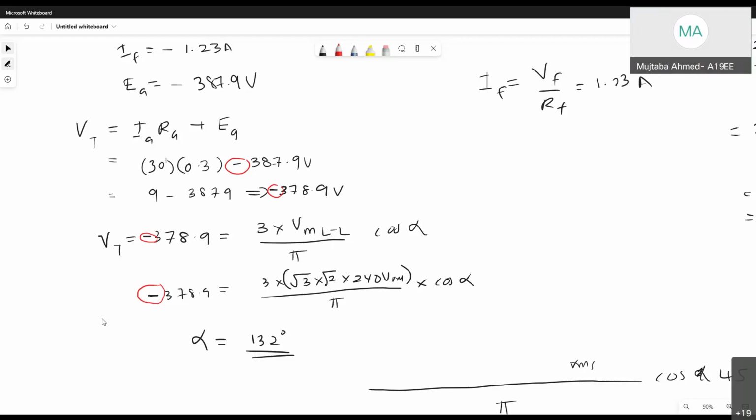For this application of the DC motor using rectifiers, we don't actually have any proper reference. The exam questions are normally like this one. Okay, doctor, thank you.